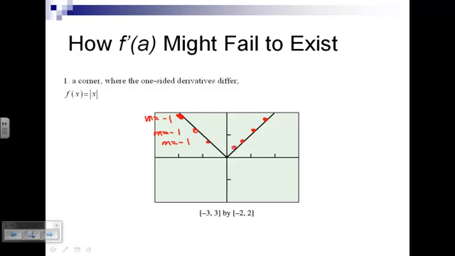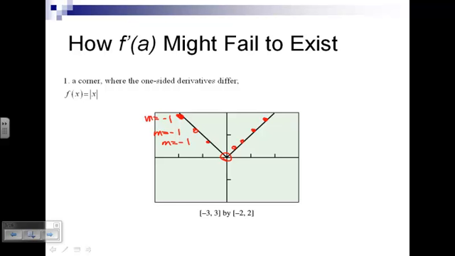Now, as we get to that very point right there, the right-hand derivative, the derivative as if we're coming from the right, is equal to positive 1. The left-hand derivative is negative 1.